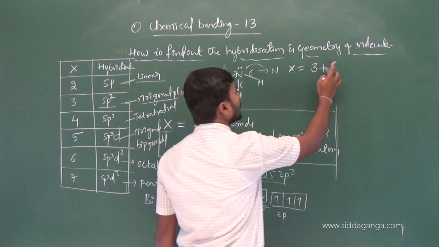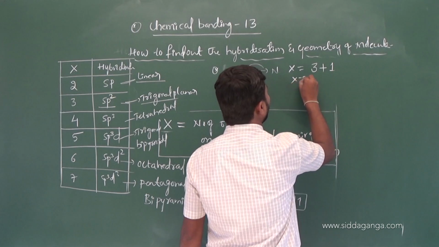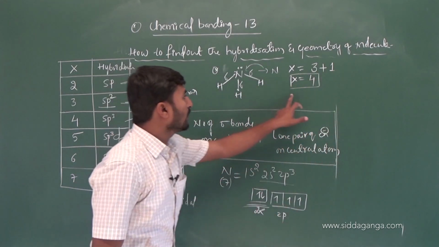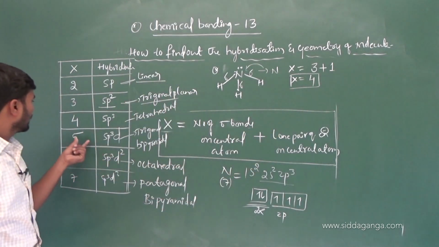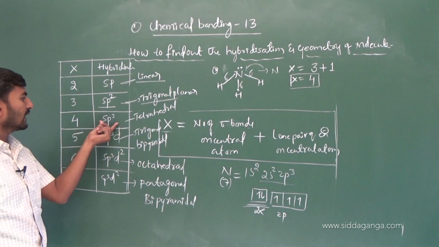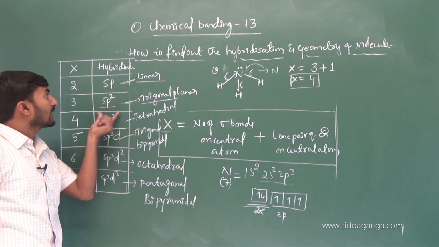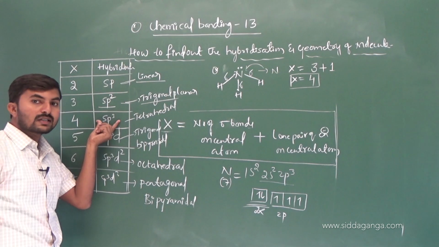Then the value of x becomes 4. If the value of x is equal to 4, what shape comes? It can exhibit tetrahedral geometry and the hybridization sp3.